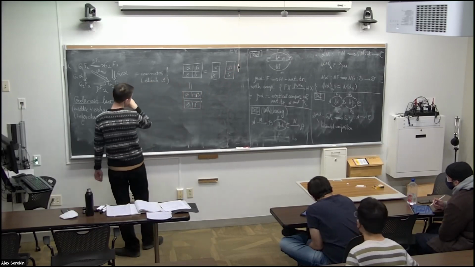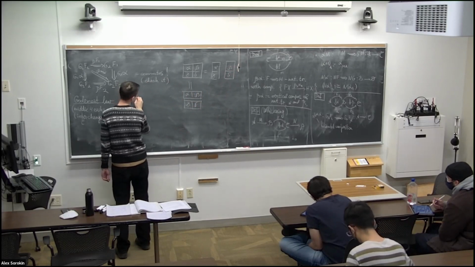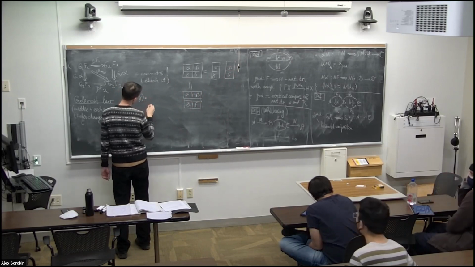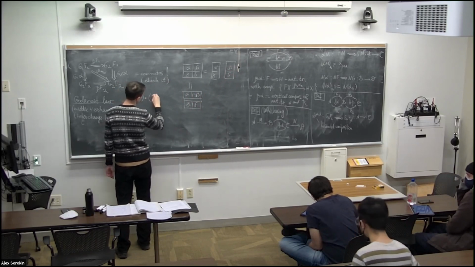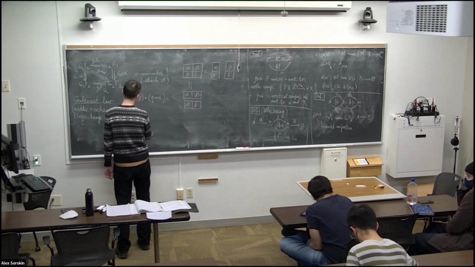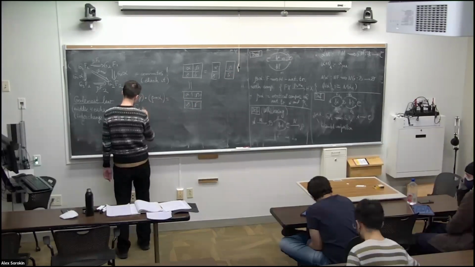So we have delta, gamma, beta, alpha, delta, beta.